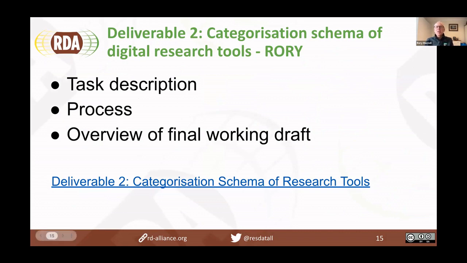Yes, so that was the first deliverable, and now let's briefly go over the second deliverable, which is the categorization schema of digital research tools. The description here, what we did, was, having defined the categories in the stages in the harmonized data lifecycle, to then begin to map categories of tools that were commonly used in each of the stages.